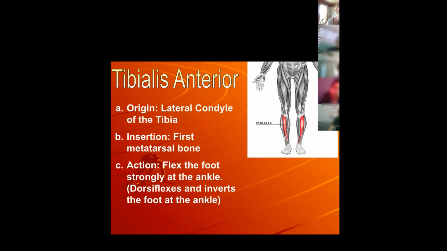It's also, because it's diagonal here, pulling on the first metatarsal from the lateral. So when it does that, it creates an inversion of the foot. The soles of the foot go in. If they went out, that would be an eversion, but they're going in, and that's an inversion. So it dorsiflexes and inverts the foot.